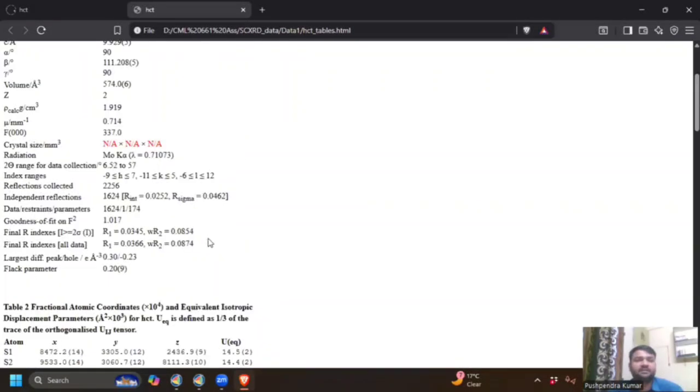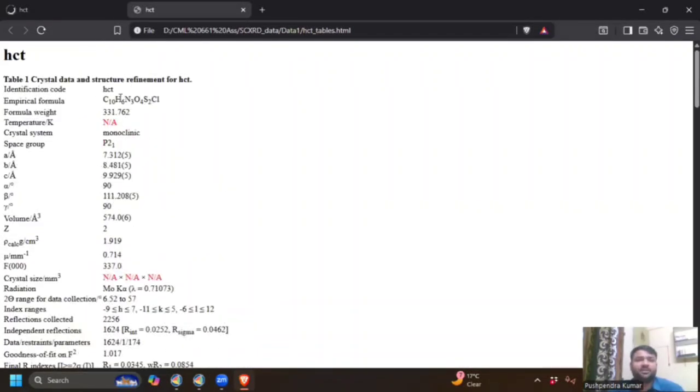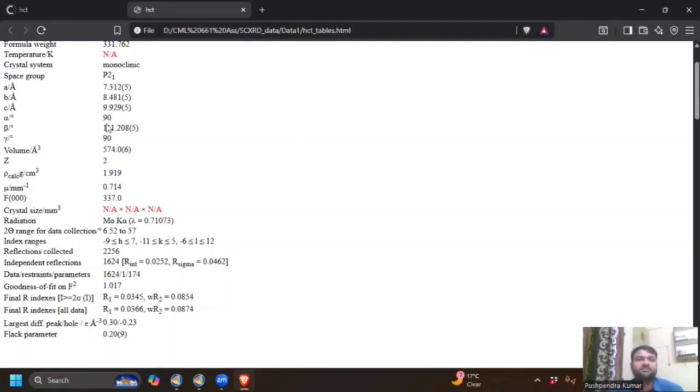In the first table, this is the empirical formula, this is the formula weight, and this is the temperature at which we have done this. We took this single crystal XRD, and these are the lattice parameters, alpha, beta, gamma, and the a, b, c values, and this is all the information about this compound that we have solved from the structure.